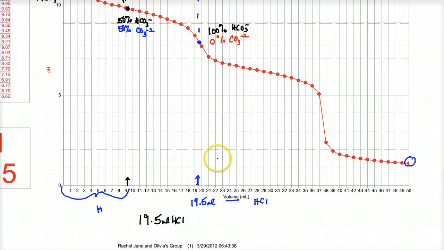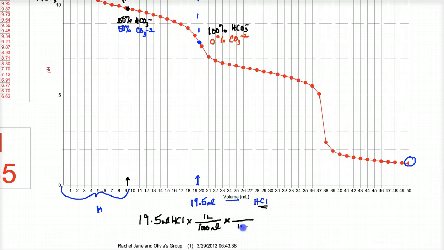So I'm going to use this point to find the concentration of my original base solution. I'm going to take 1 liter and divide by 1,000 milliliters. The reason I'm doing this is I want to use the molarity of the acid that I know.